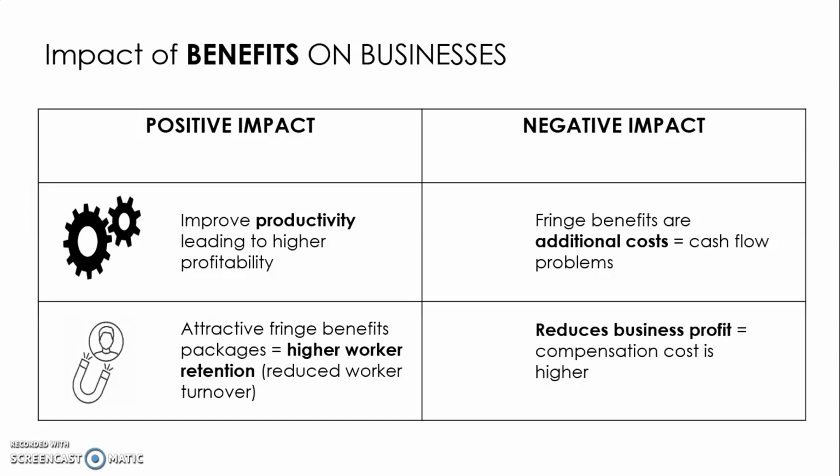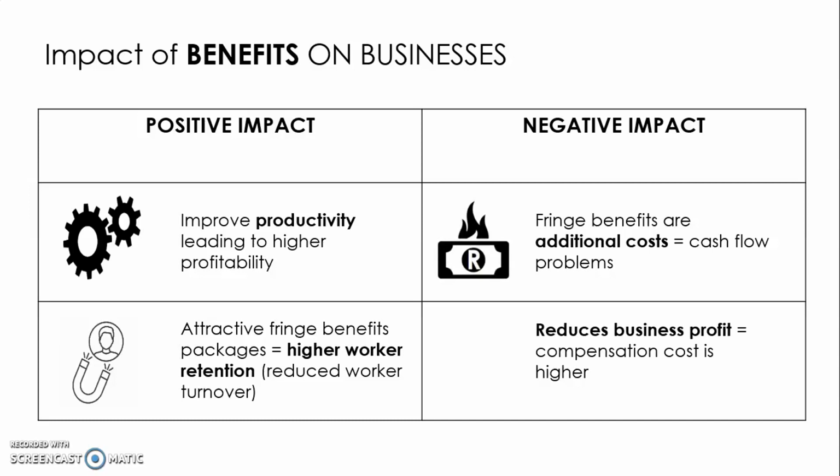Our second image is that of a magnet and the employee. And hopefully this image will remind you that when we offer our staff fringe benefits, the employee is attracted just like a magnet to the business and keeps them in the business for longer.